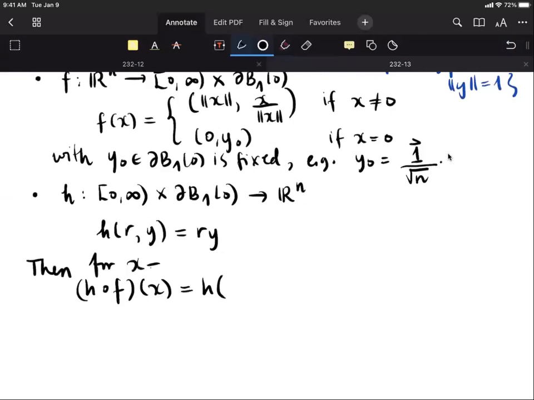So let us consider the case where x is not 0. So you have here the norm of x multiplied by this unit vector. The action of h is just multiplying the two, which is equal to x. So the composition of h and f is the identity map except at the origin.